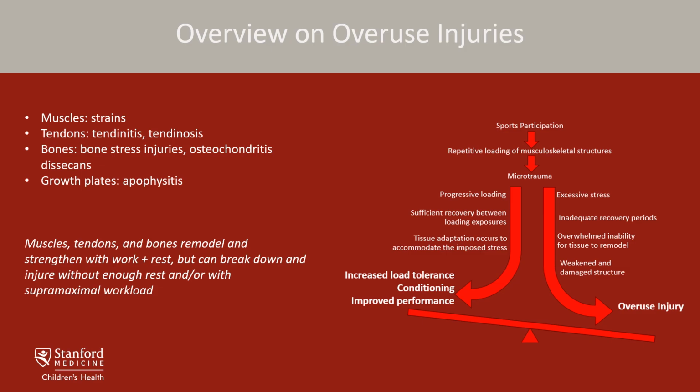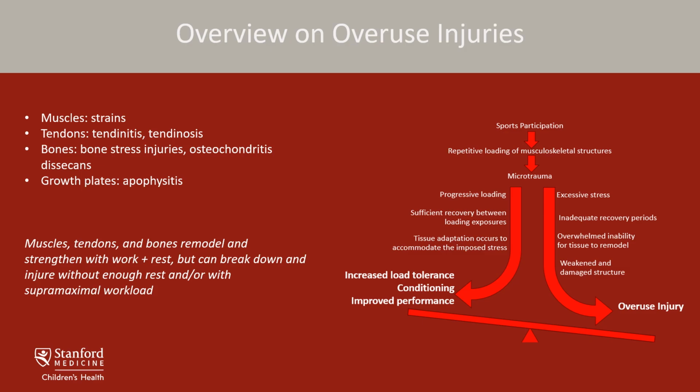When bones are overloaded past their ability to strengthen, stress fractures or bone stress injuries can occur. We'll also talk about the other OCD, which is osteochondritis dissecans. And then finally, in prepubertal patients with open growth plates, the wear and tear affects them uniquely as apophysitis or growth plate irritation.